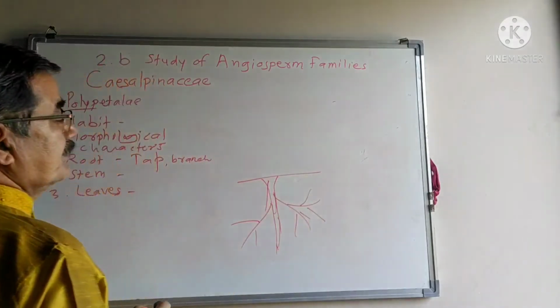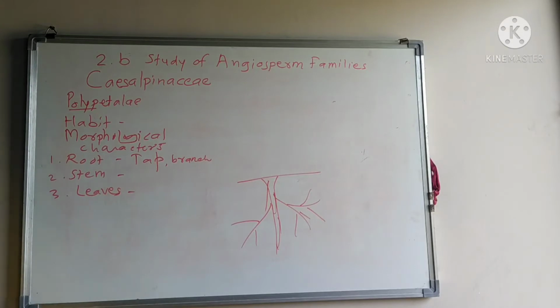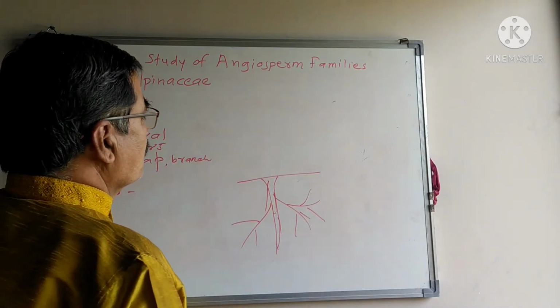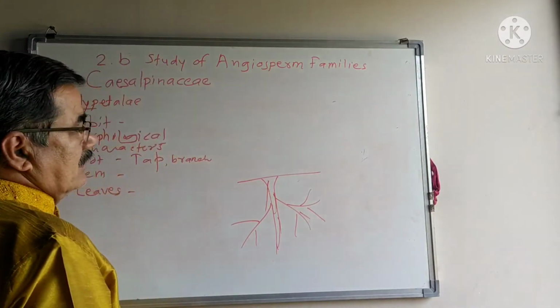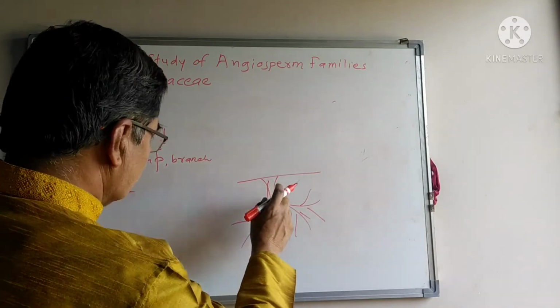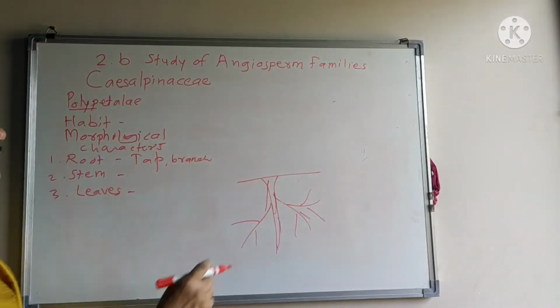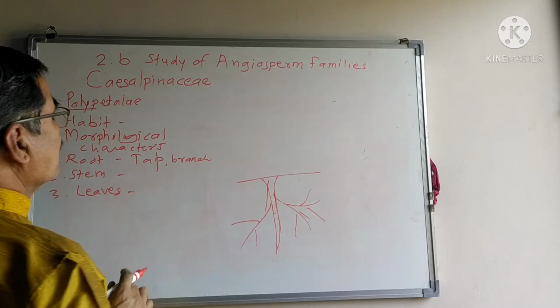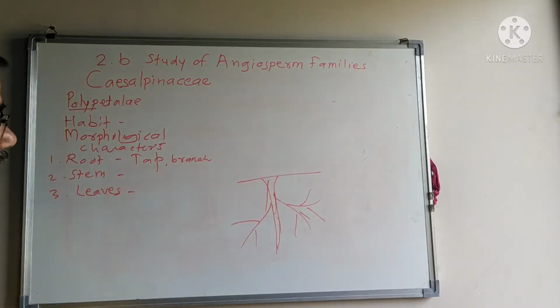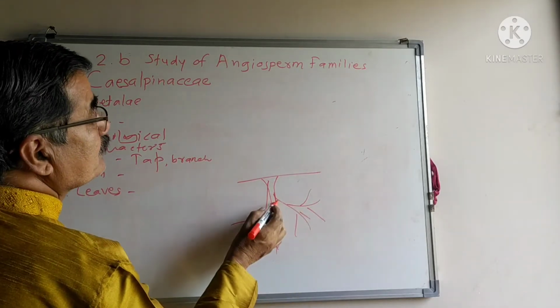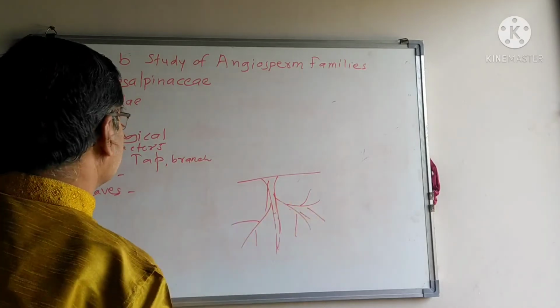This system, where the root develops directly from the radicle, is known as the taproot system.